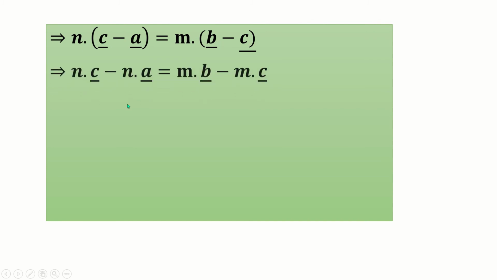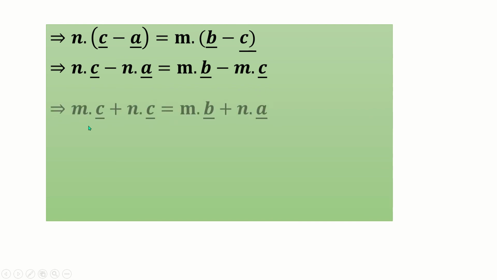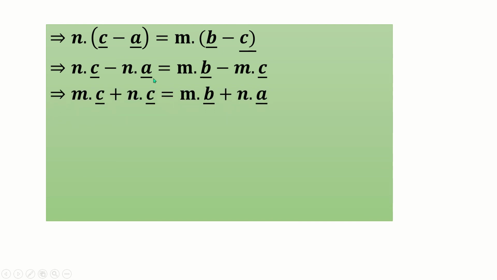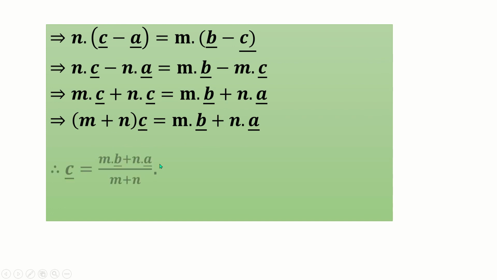Now calculate, we'll get, now convert this into left side and this into left side. Now take c common here and here the same, therefore c vector equals (m b vector plus n a vector) divided by (m plus n). Okay.